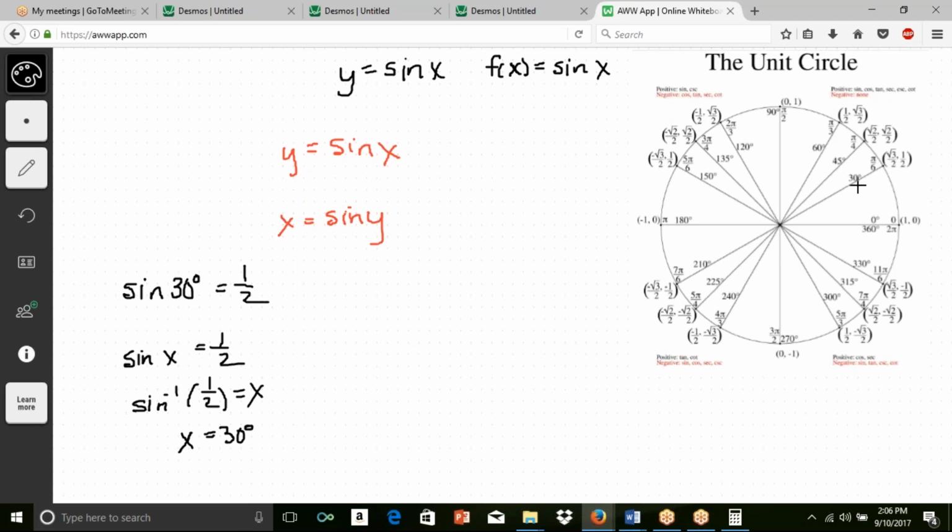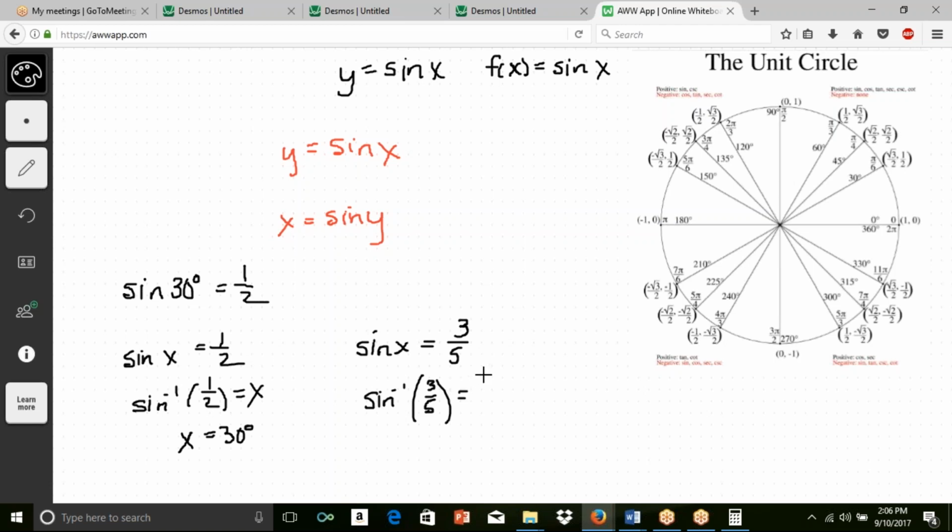So let's do a non-pretty one, because I call these pretty angles, since we know what the values are for those angles. Let's say I have sine of x is equal to, how about, 3/5? If I throw this into my calculator, all I have to do is take arcsine of 3/5.